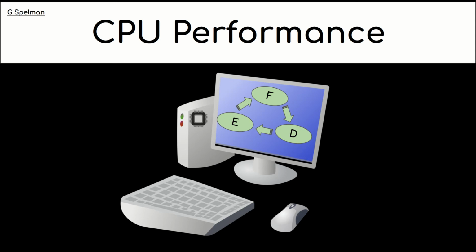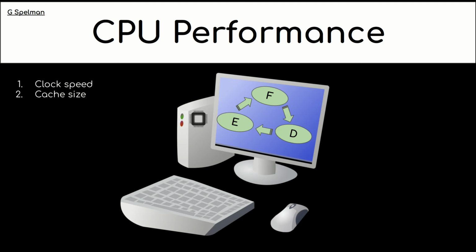We know already that the purpose of the CPU is to carry out the fetch, decode, execute cycle, and it does this over and over again. What we're adding to that in this lesson is that it is doing that to the beat of a clock which is internal to the CPU. So the speed of that clock will affect its performance.